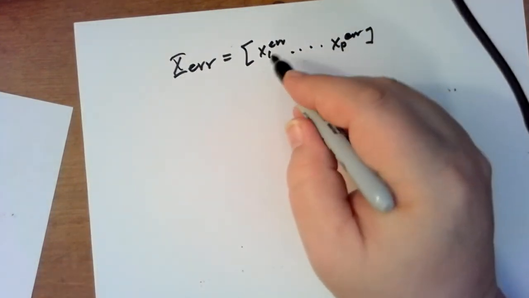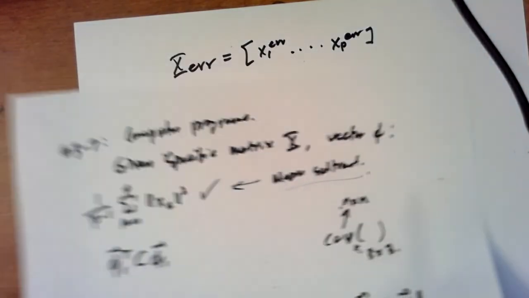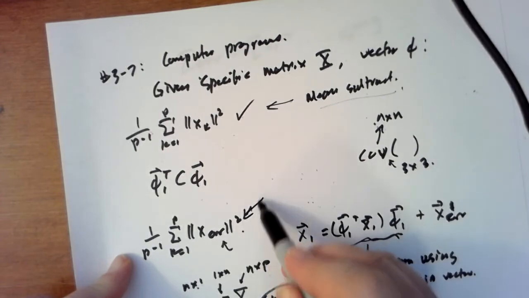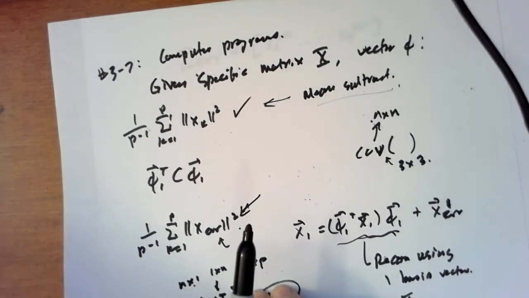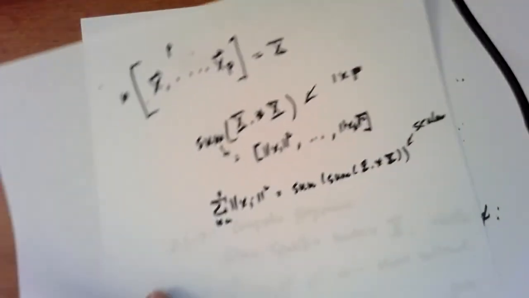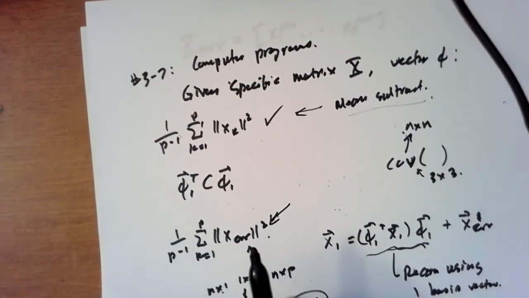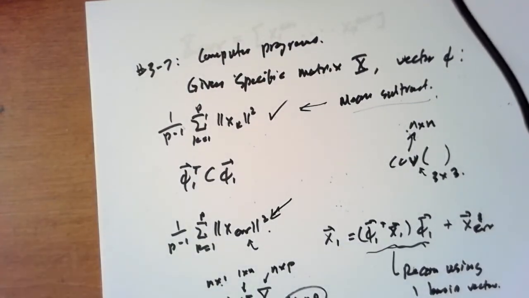Okay, and so then to compute this quantity, we can use our trick over here. That makes sense. I'm flipping pages around. Okay, I think that covers number 3. We'll come back for some more.